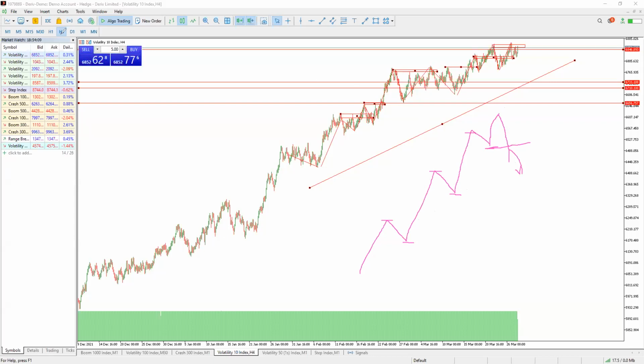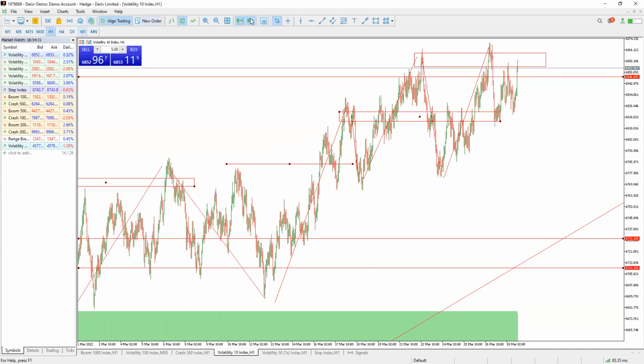So remember, I'm seeing this from a higher time frame, which is my H4. So far on my H4, I'm in an uptrend. So I switch from my H4, then I go to my H1. Now, my H1 makes more noise than my H4.